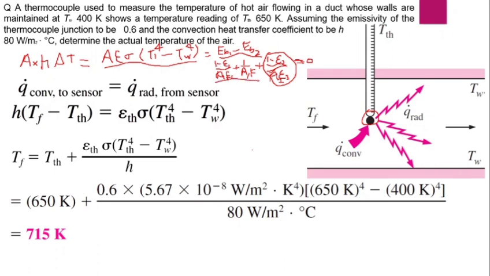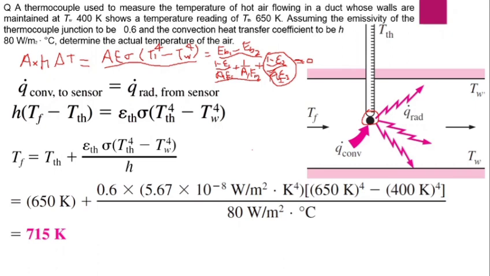1 minus epsilon 1 divided by A1 into epsilon 1 plus 1 divided by A1 into F, right? So this F is nothing but F12, view factor from thermocouple to pipe. And what will be the value of F12? From our intuition we can easily find out view factor.